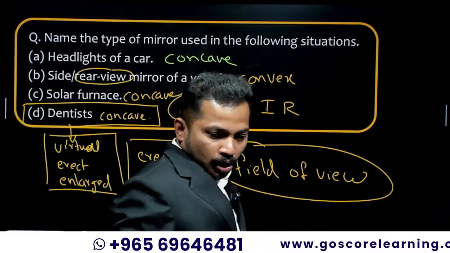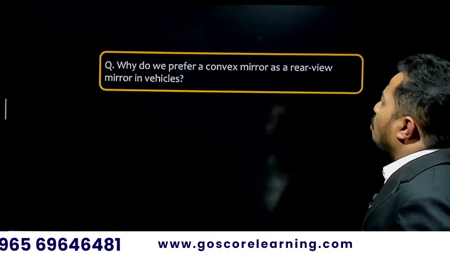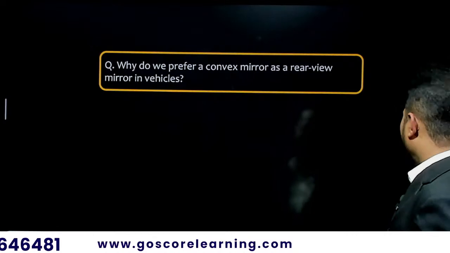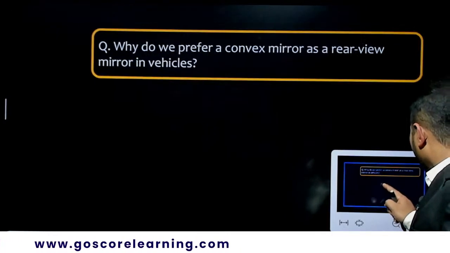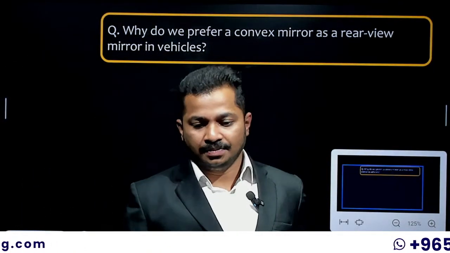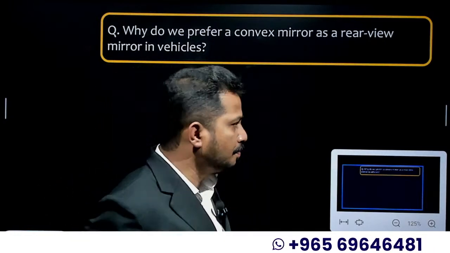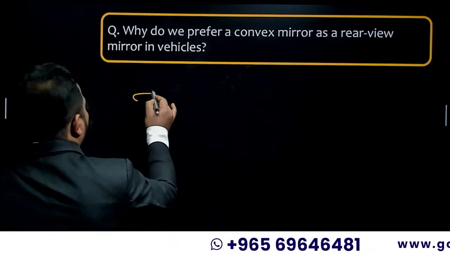Okay, moving to the next question. Why do we prefer convex mirror as the rear view mirror of vehicle? Just now I have explained why. I have mentioned 2 points. What is the first point?